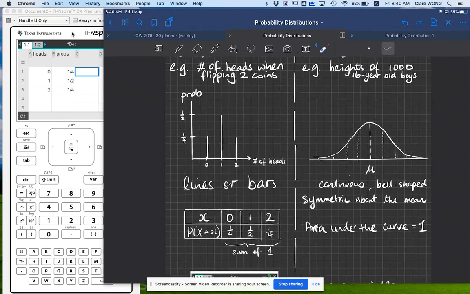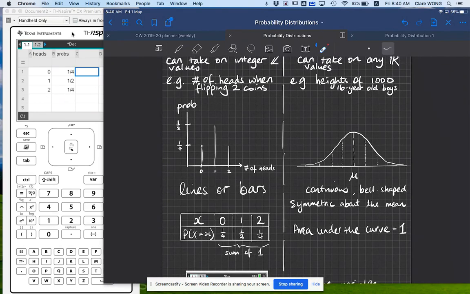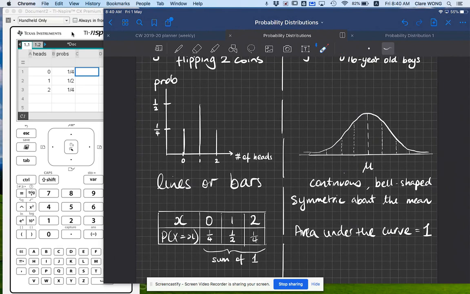Over here, if we go back to the continuous random variable, we would have a classic bell-shaped curve. The example I gave here is a bell-shaped curve. Of course, it can skew either way.